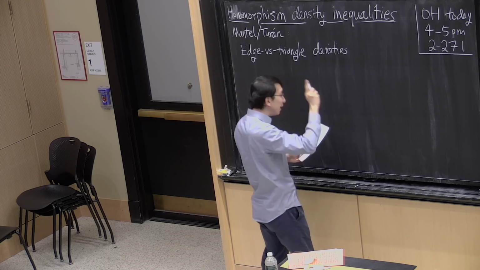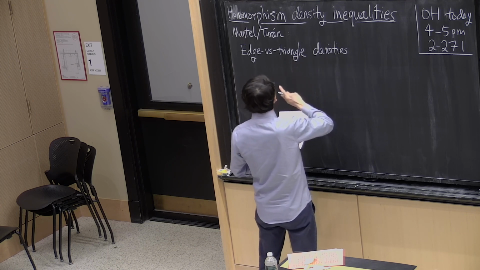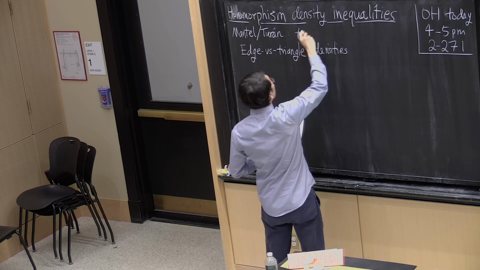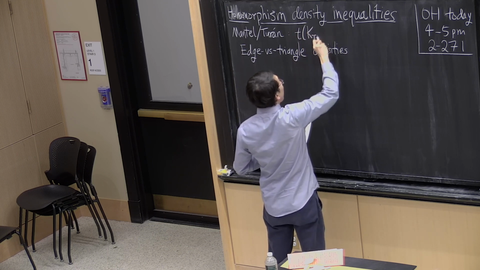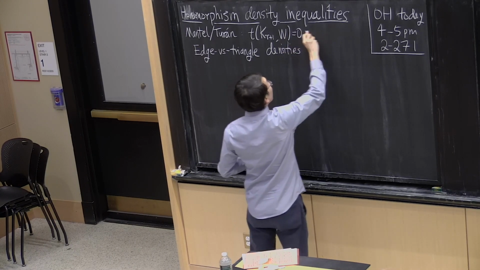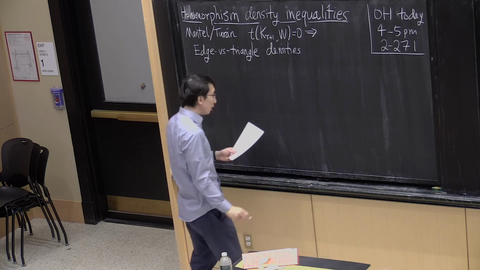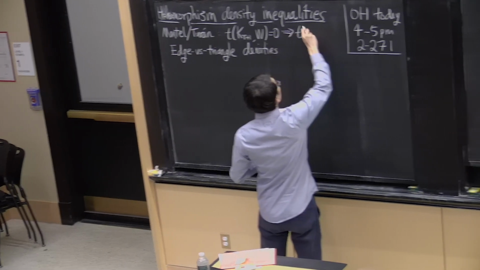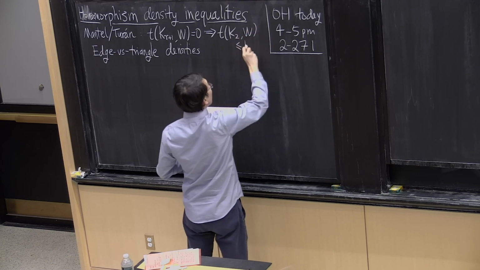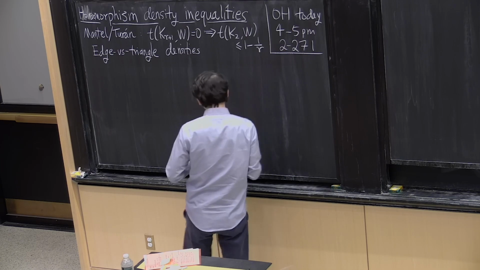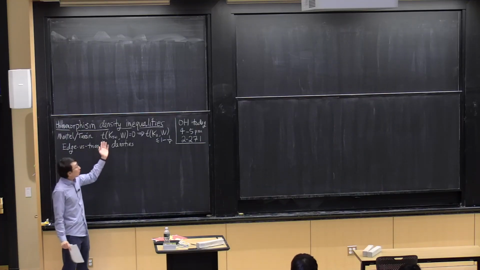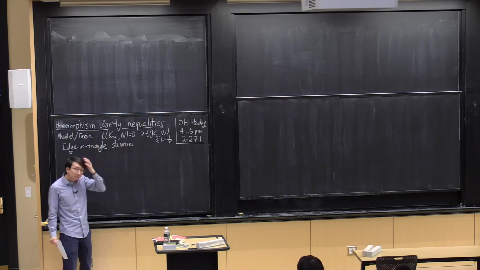The statement I just said, and more generally Turán's theorem, tells us that if the K_{r+1} density in W is 0, then necessarily the edge density is at most 1 minus 1 over r. Okay, so this is what it tells us.